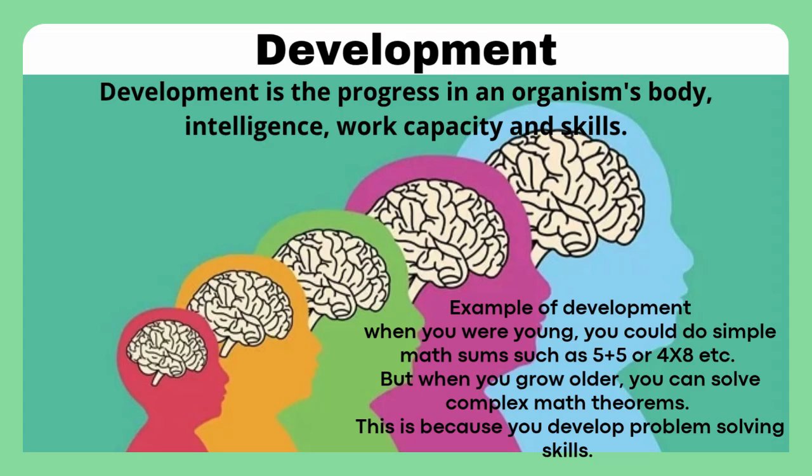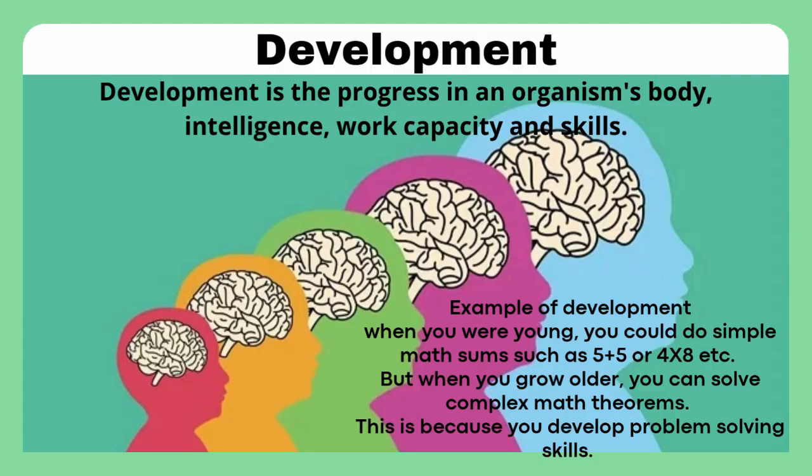Let's understand this with one example. Imagine when you were a small child, when you started to learn maths, you could do simple sums such as 5 plus 5, 4 multiplied by 8, 2 plus 2, etc. But when you grew older, you started to solve complex math problems that involved algebra and geometrical concepts.